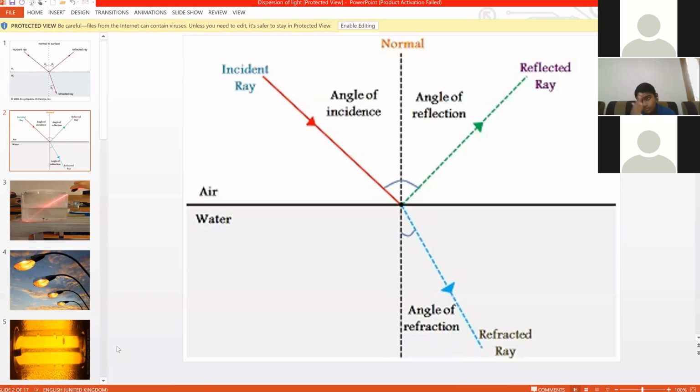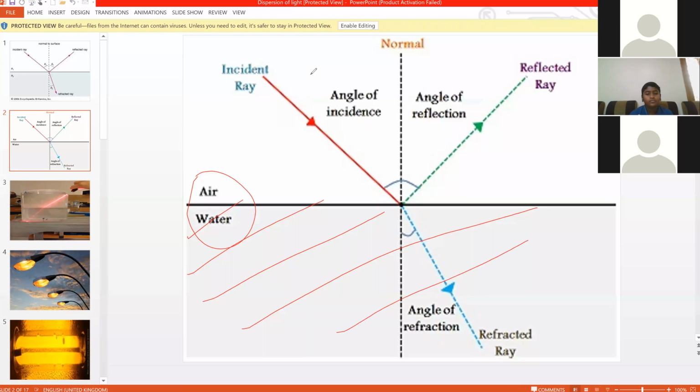See here, the medium is clearly given. Air is on top, and below you have the water medium. The incident ray is nothing but a light ray, traveling from the air medium to the water medium.